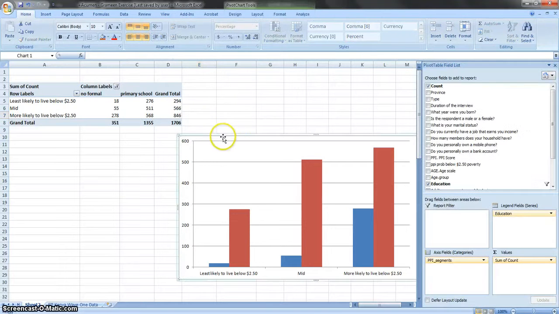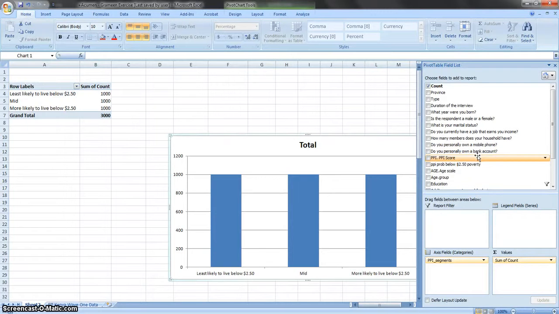So we can again delete this, and let's take education back, and we're going to check the size of the household, and we're going to do it with this variable, which name is how many members does your household have.